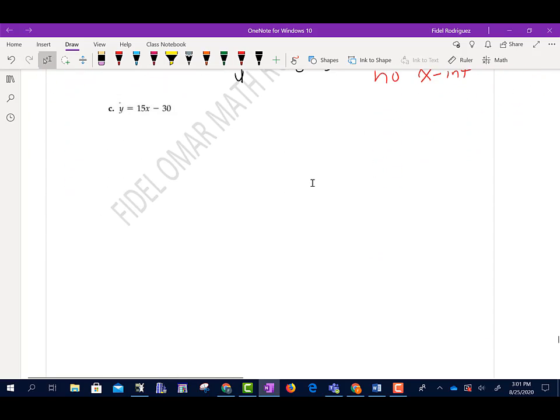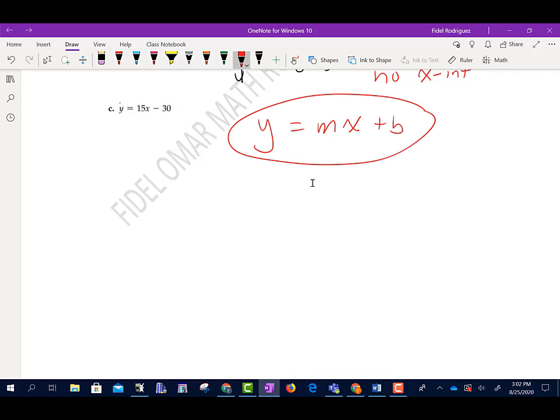And so the next one here, y equals 15x minus 30, again, this is already in our y equals mx plus b format. So my y-intercept will be the point 0, negative 30. To find my x-intercept, I'm just going to set y equal to 0 and solve.